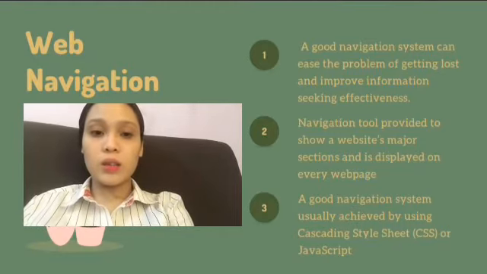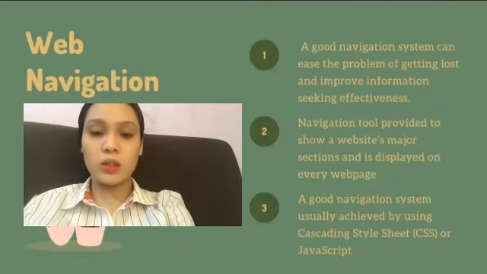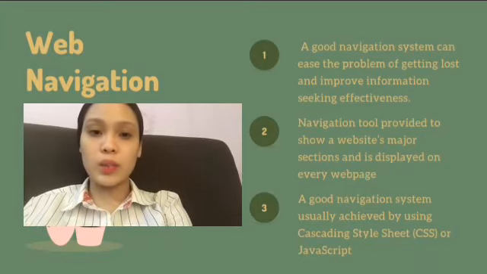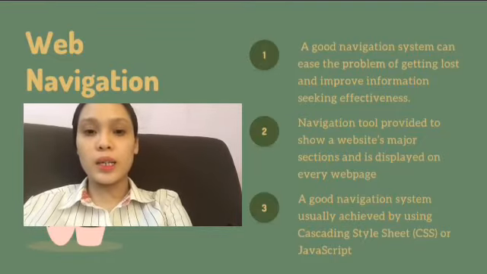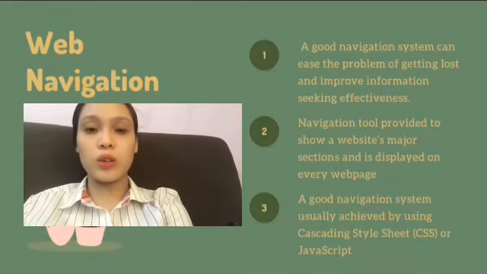The second one is navigation that shows a website's major sections and is displayed on every web page. This kind of navigation system can provide simple and direct guidance for users to go to the next immediate major subsection, but it requires significantly more steps to reach deeper level content.